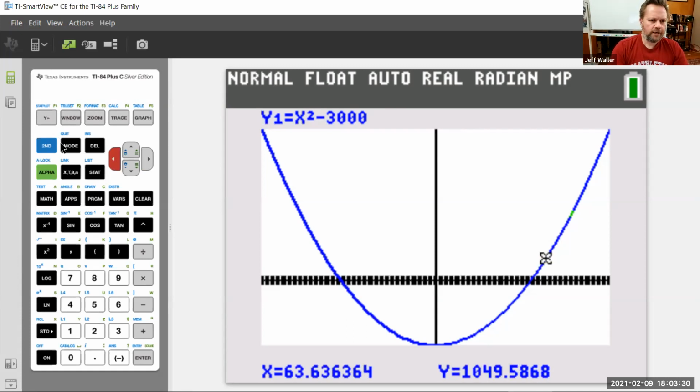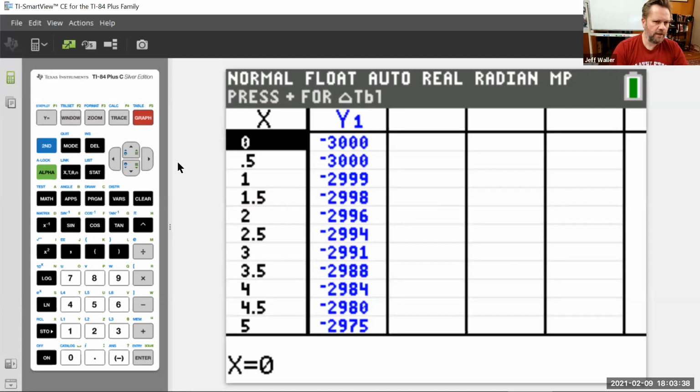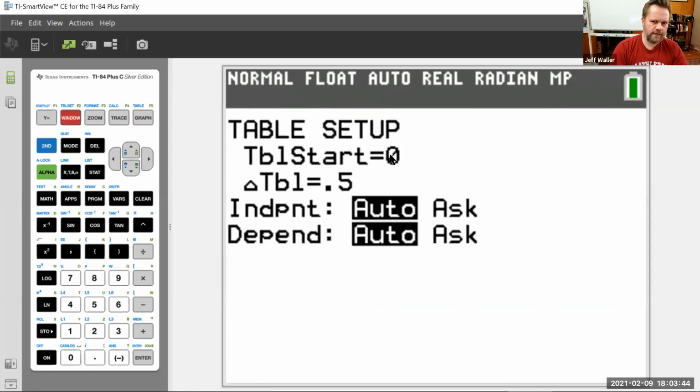You can also get a table. If you hit second graph, you get this in tabular form. Do you notice there's something called table set above window? If I hit second window, I can set the starting point for the table, and I can set the step size. Has anyone seen this symbol before? It's a delta.